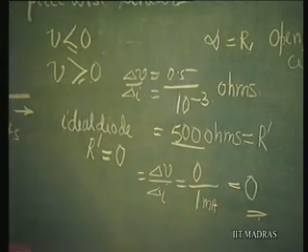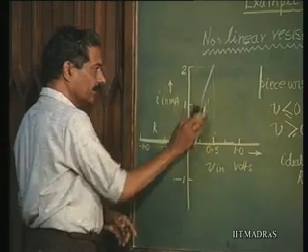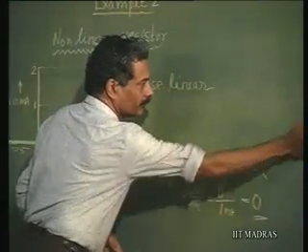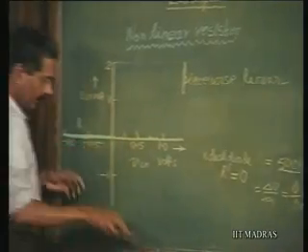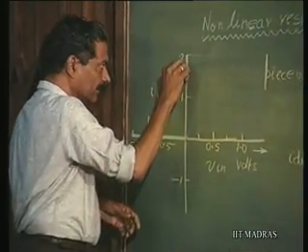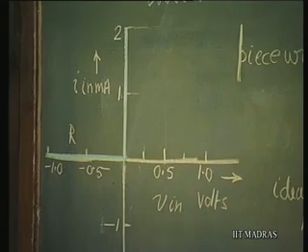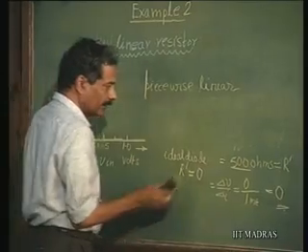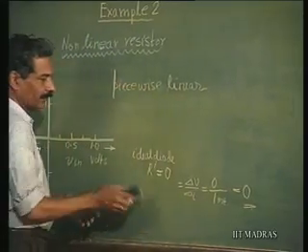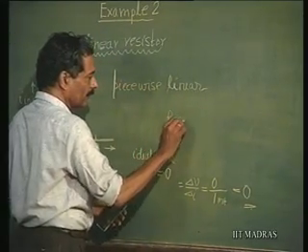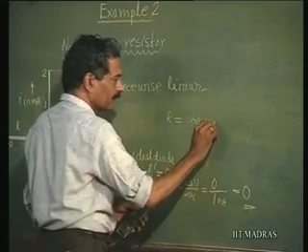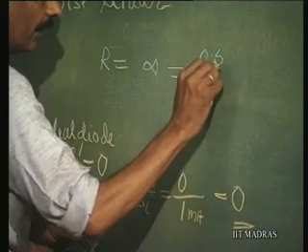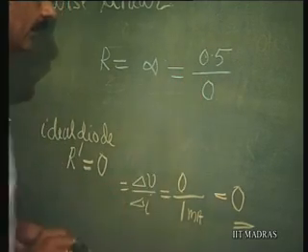That means we can say that this characteristic will change to something which is going to have its characteristic like this. So, this is what it is. An ideal diode has its R dash equal to 0 and R equal to infinity. That is, whatever be the change in voltage, let us say 0.5, the change in current is 0.